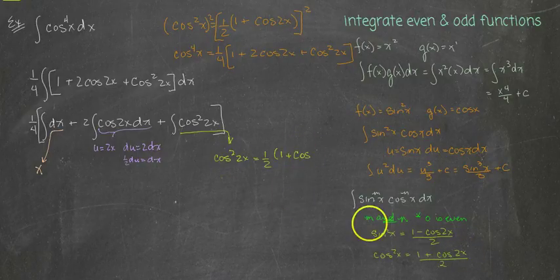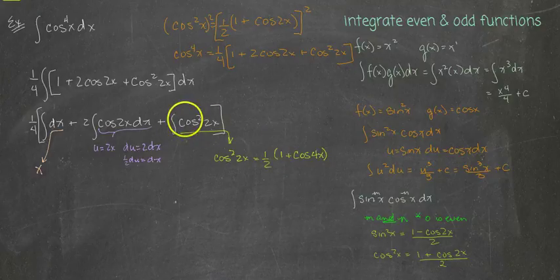Don't get confused by the x's. This is an x that's just a placeholder for the identity. This is an x that's a variable in the problem I'm solving. If I wanted the cos of 2 times the angle, well, 2 times 2x is just 4x. So I'm going to substitute this identity for cos squared of 2x, and then I think I'll be able to get there.